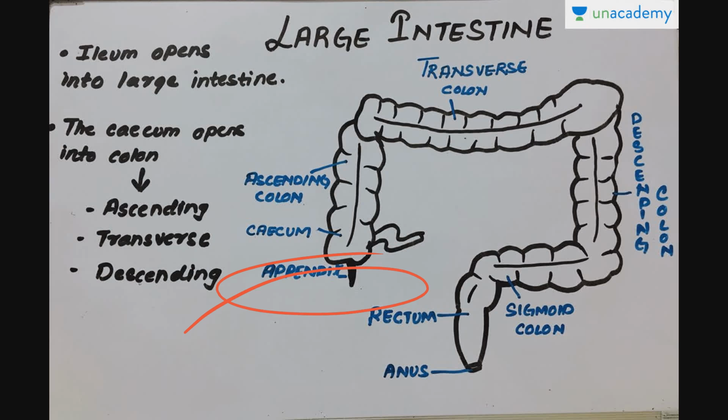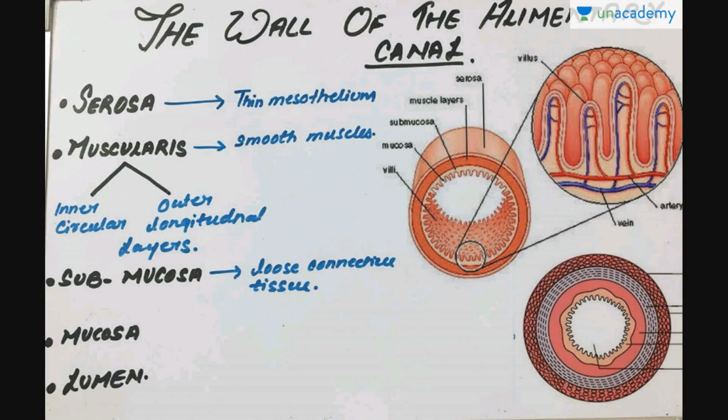The cecum opens into the colon, and the colon is divided into ascending, transverse, and descending parts. The descending colon further opens into the rectum, which continues to the anus.